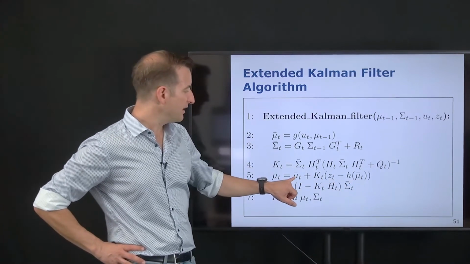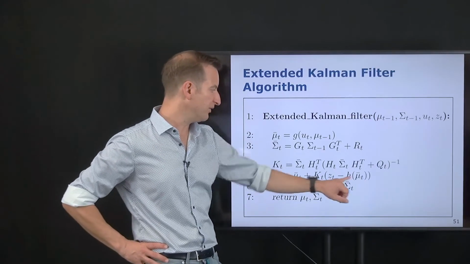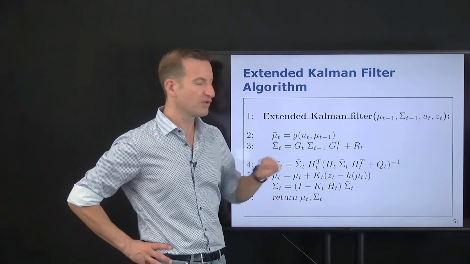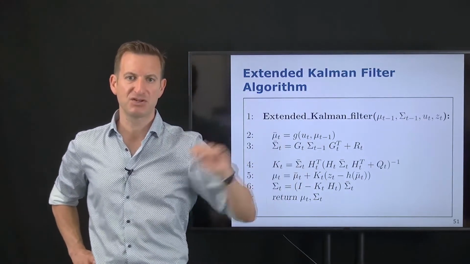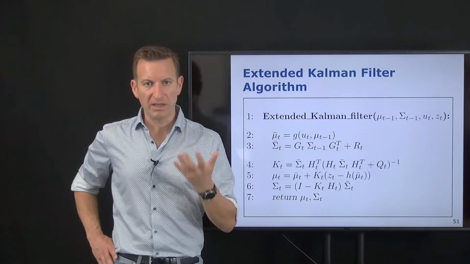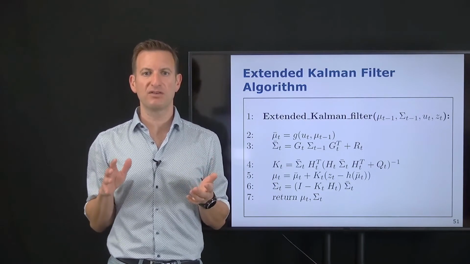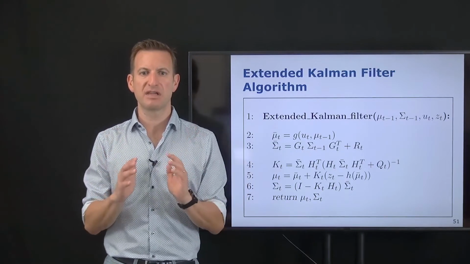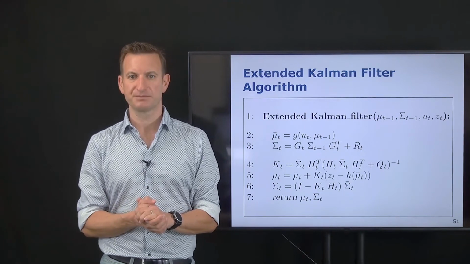But then I have the mean minus the mean, so these terms will cancel each other out and be 0. The only thing which remains will be H inverse times ZT. And this will basically take the observation and map it into the state space one to one. And the remaining state will be what the sensor told me. Which makes sense. If I have the perfect noise-free sensor, the prediction is completely cancelled out and I'm only taking the observation to determine my state. And that's exactly what happens.